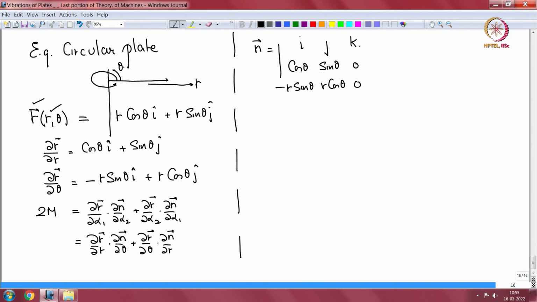So that gives me i times this and this is 0, j times this and this is 0, k hat times r cos square theta plus r sin square theta, which is equal to k hat r. So the magnitude of r k hat is r.